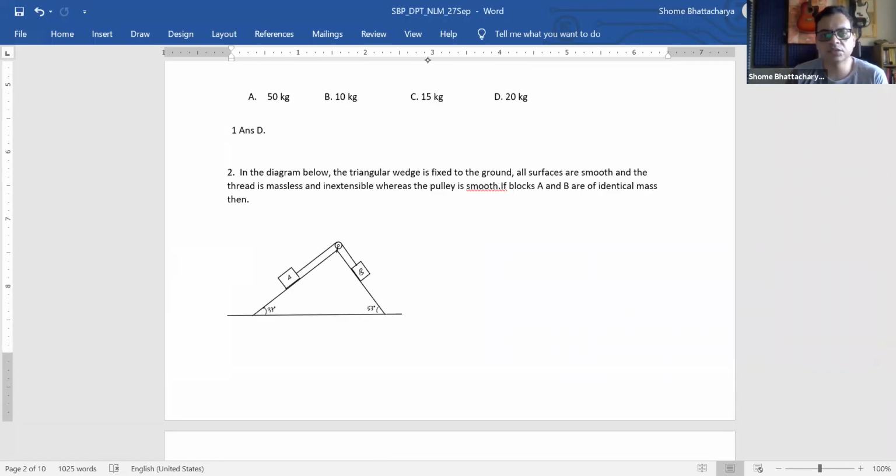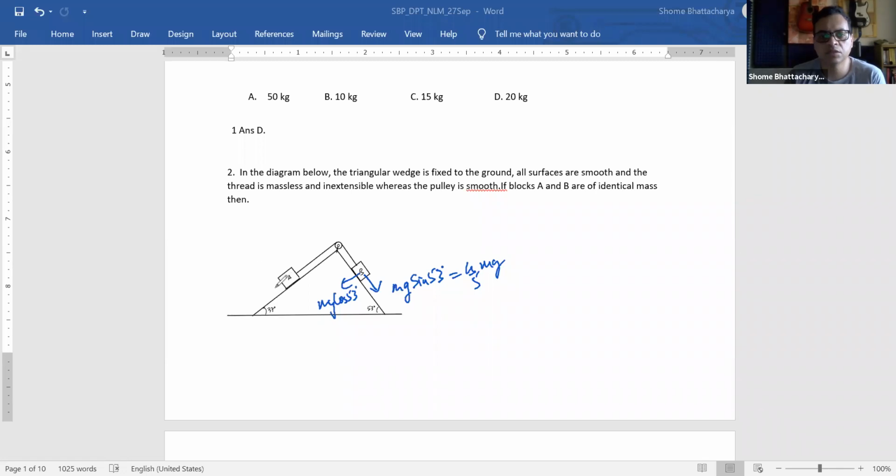So see, in the second question, what you can clearly understand from the free body diagram is that the component of weight acting on this one is mg sin 53, so that is 4 by 5 mg, and mg cos 53.